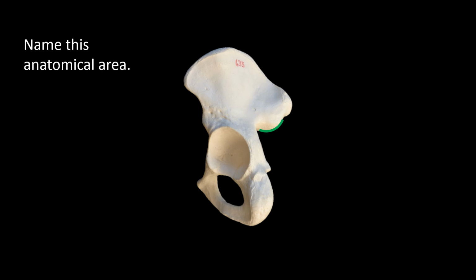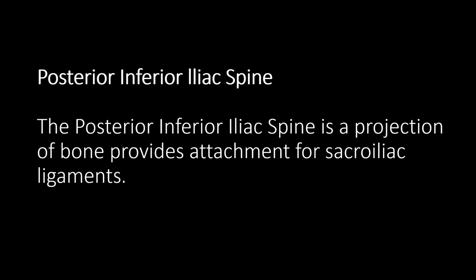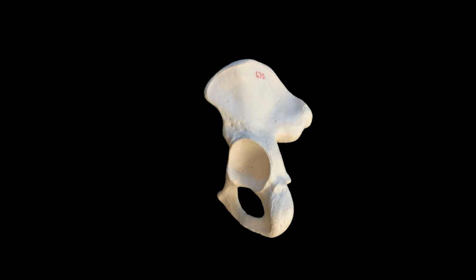Name this anatomical area. Posterior inferior iliac spine. The posterior inferior iliac spine is a projection of bone that provides attachment for sacroiliac ligaments. Name this anatomical area.